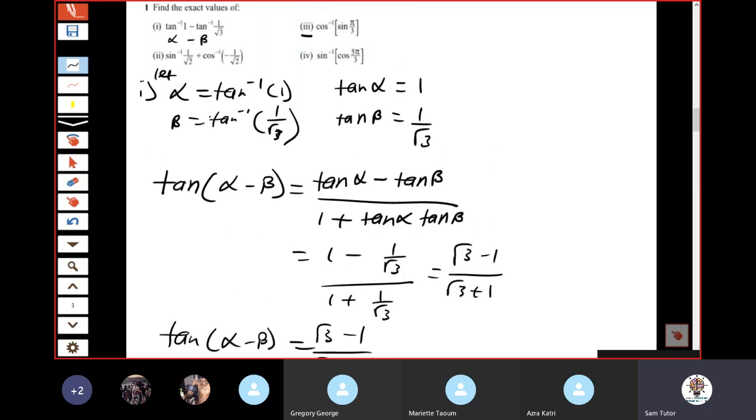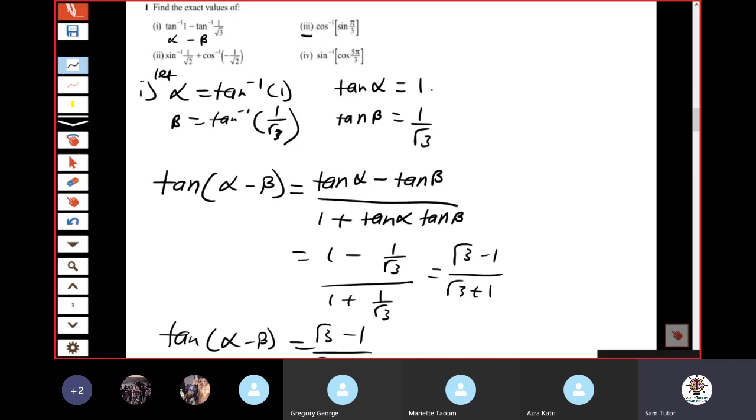Okay, let's recap that. If you let your first one equal A or alpha, and you let your second one equal beta, then you tan both sides, so you get to this result. Then you look at what you were trying to find. In this case, it said alpha minus beta. So the only formula you know with tan A, tan B and A minus B is tan of A minus B. There's your formula.